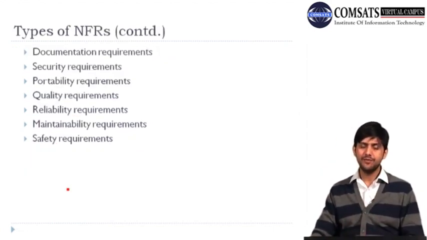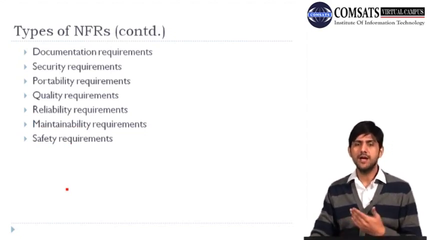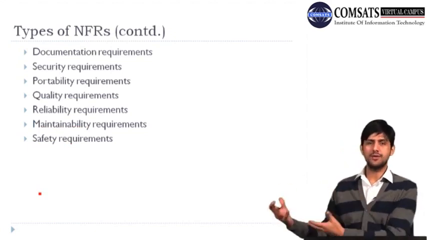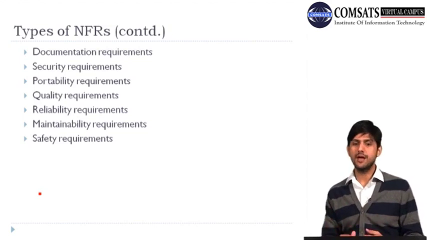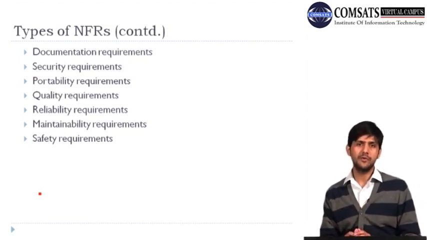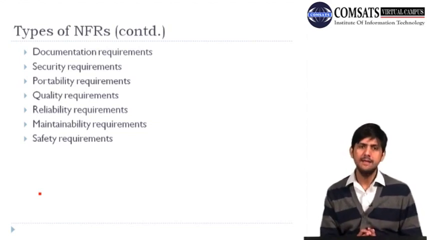A few other types of non-functional requirements include documentation requirements. That is totally not part of developing some functionality, but you can have documentation requirements, because your client might want detailed documentation of different technologies or tools that you have used in order to build that particular product.